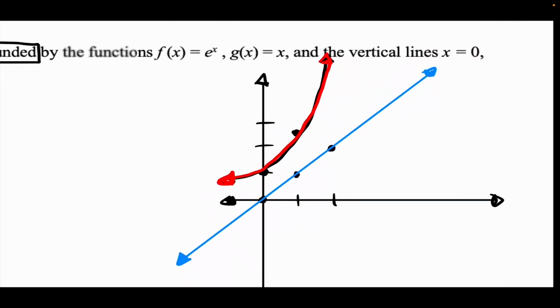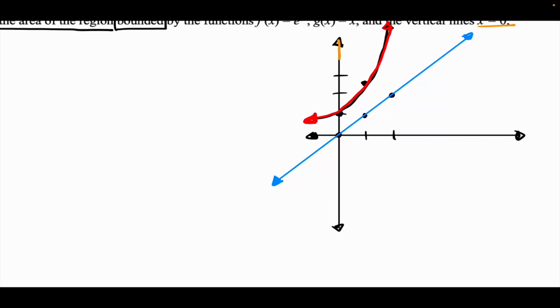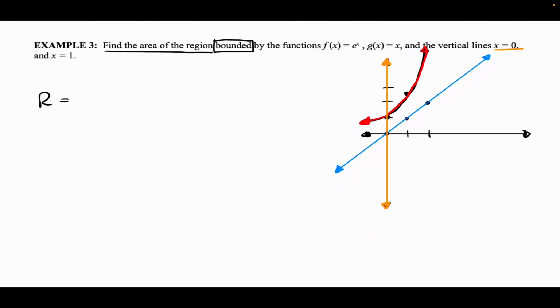So the vertical lines are x equals 0. They're nice enough to tell you it's a vertical line. So x equals 0 here. That's just the y-axis. x equals 1 as well.